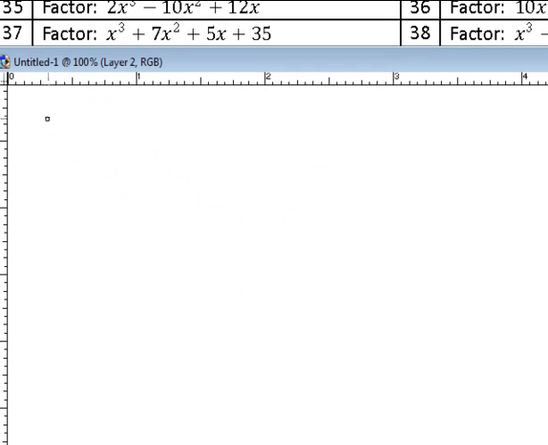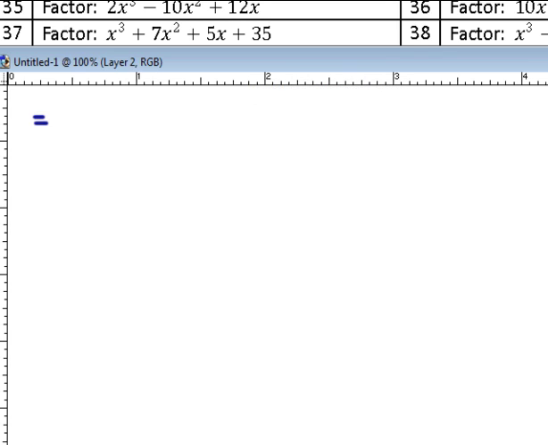All right, let's look at number 37. In number 37, we have a polynomial with 4 terms. The only method that we learned for a polynomial with 4 terms was grouping, so we're going to try grouping. First we pull out something from the first 2 terms and then the second 2 terms.